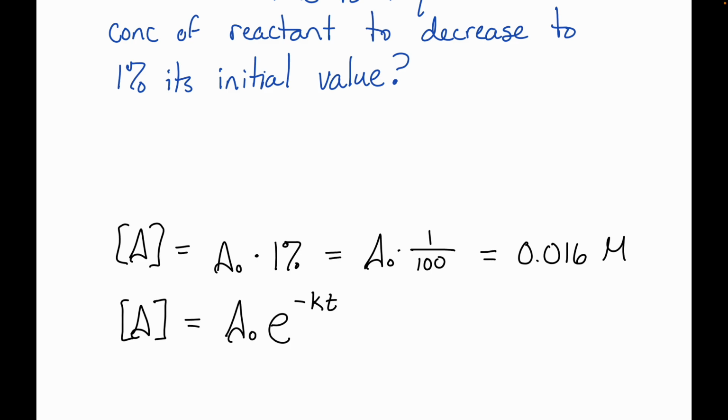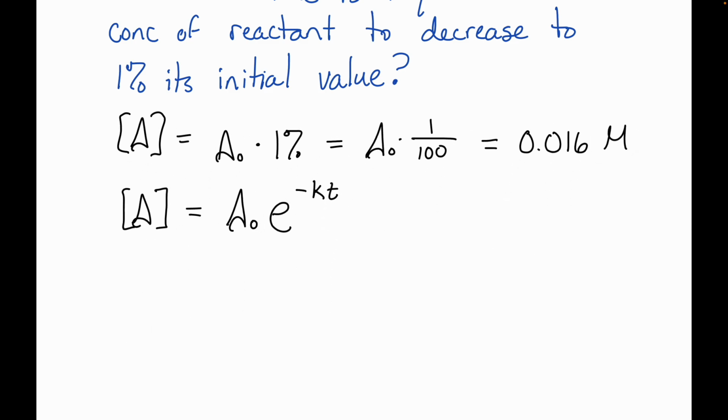Okay, so then let's take this rate law and plug everything in here. 0.016 molar equals that initial 0.16 molar times e to the negative 1.16 inverse seconds times t.